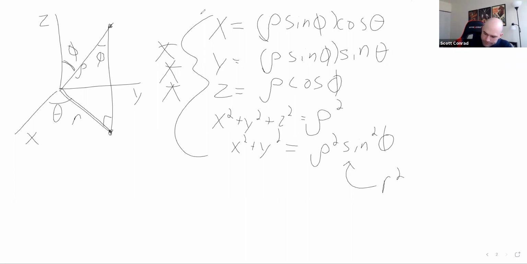Really, the important bounding surfaces we're going to be looking at are cones and spheres. So spheres centered at the origin are going to be of the form rho equals rho naught, where rho naught is a constant.